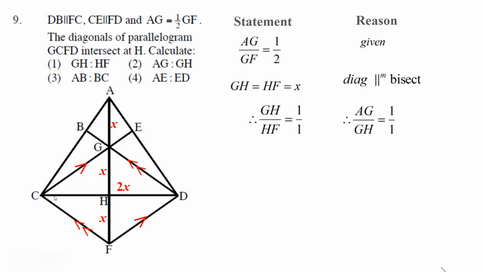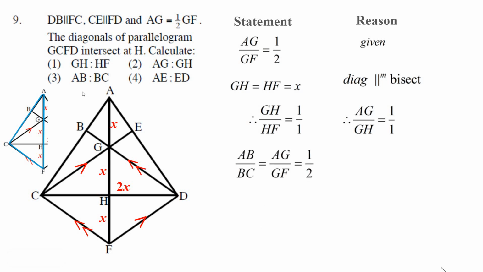Well, there's a triangle here, but we need to use the proportionality theorem. We know that BG here is parallel to CF, and it makes these sides proportional. These parallel lines make the sides proportional. I'm highlighting in blue the triangle that I'm looking at. In triangle ACF, there's BG that's parallel to CF, so we can say these sides are proportional.